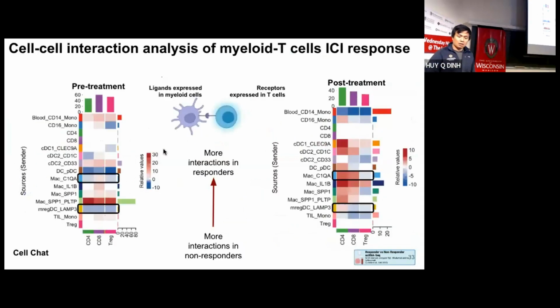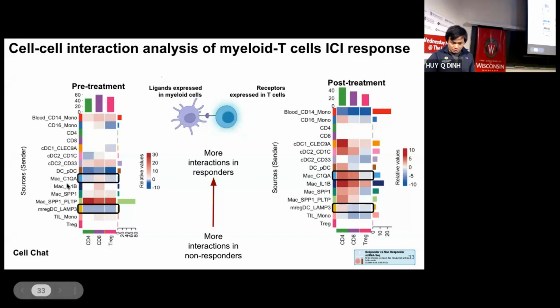We ask to what extent cell-cell interaction happens between myeloid cells and T cells, because here we use T cells as a readout for immunotherapy response, right? Higher CD8, CD4 T cells usually have a better chance, and that is maybe underestimated because there are subsets of T cells as well. But for this purpose, we want to focus on myeloid cells with the T cells grouped into CD4, CD8, and CD4 Treg.